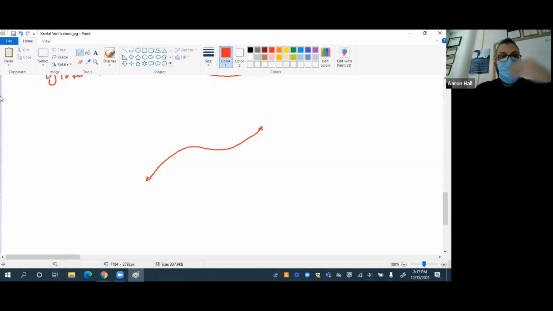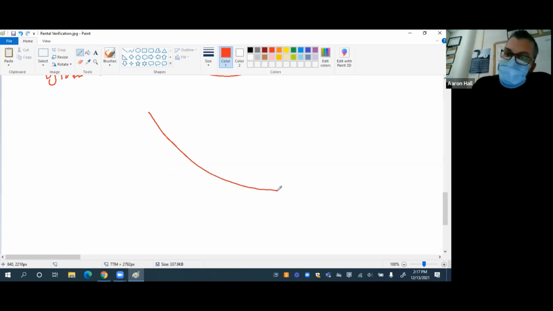One more time. If I have some interval that is closed, which means the endpoints are included, and it's continuous, it guarantees that I have a maximum and a minimum point.